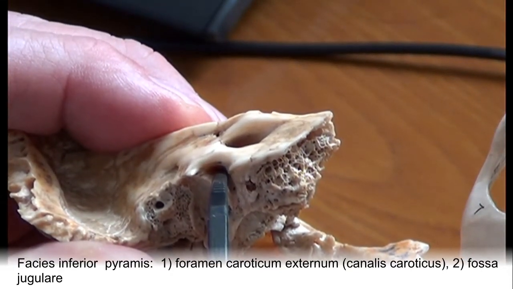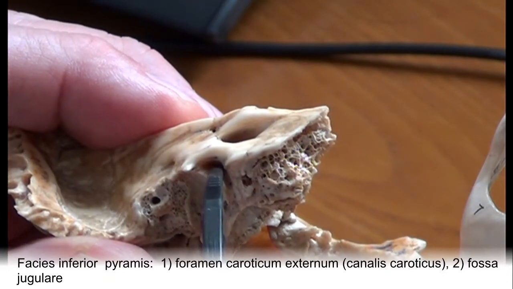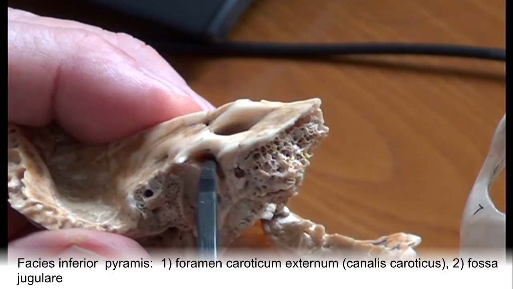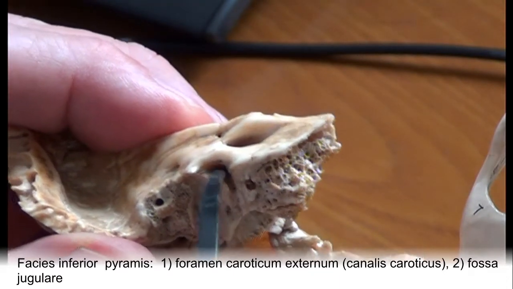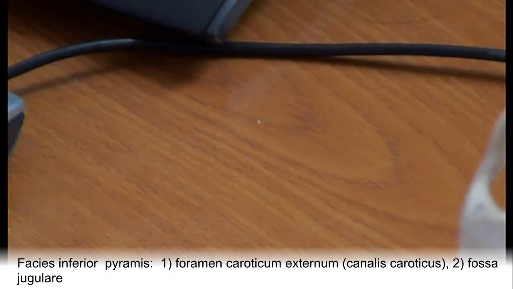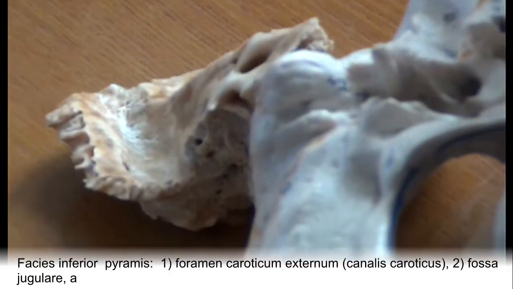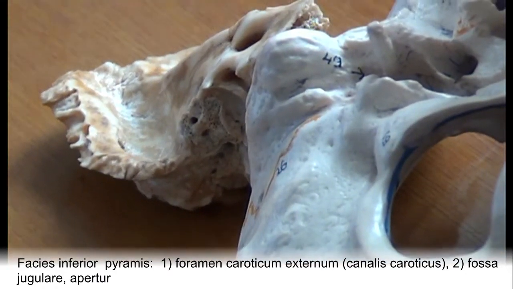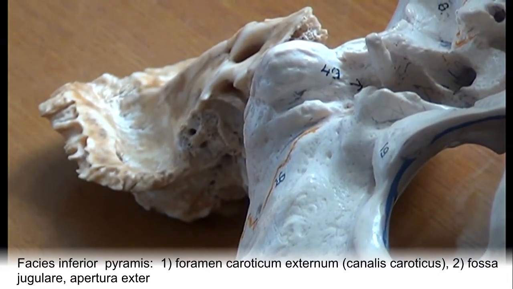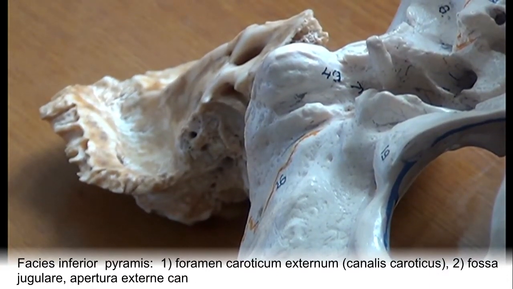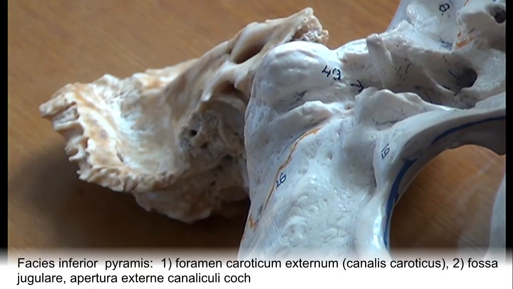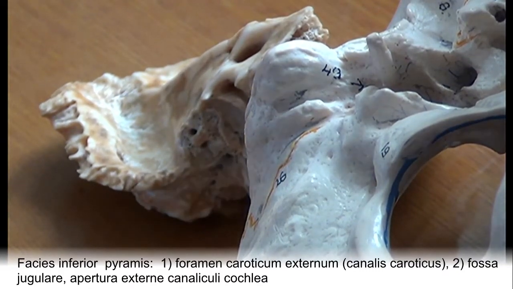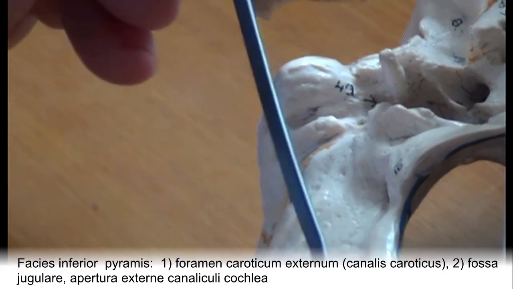Here, a special canal of the internal ear takes place. Here it is.